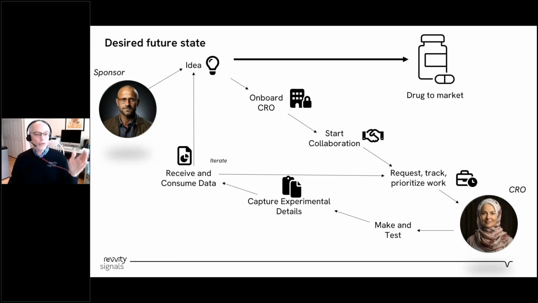So the process begins with the idea, and then it follows a similar process as before, where a CRO is onboarded, you start a collaboration at a specific CRO, requesting the work and being able to track that work throughout the process at the CRO. The CRO does the work.